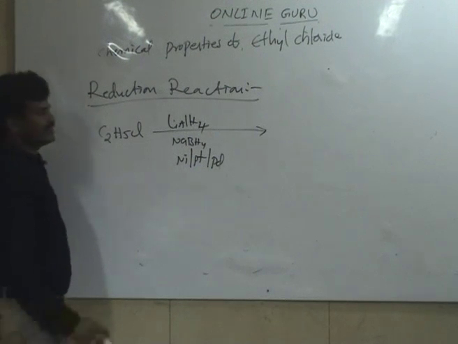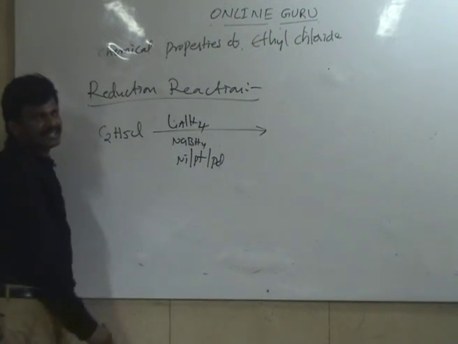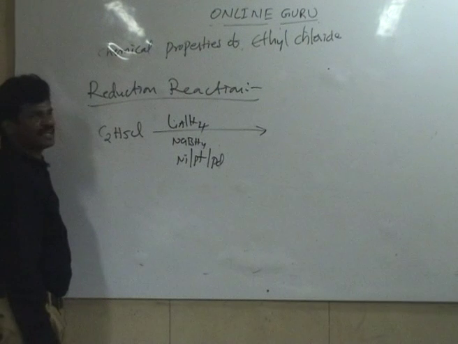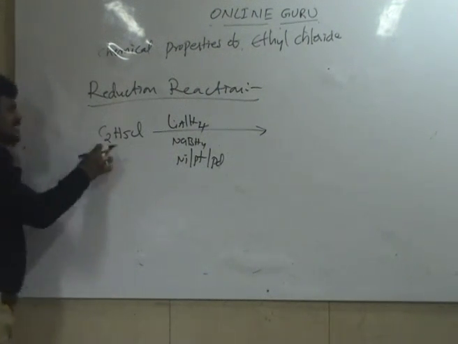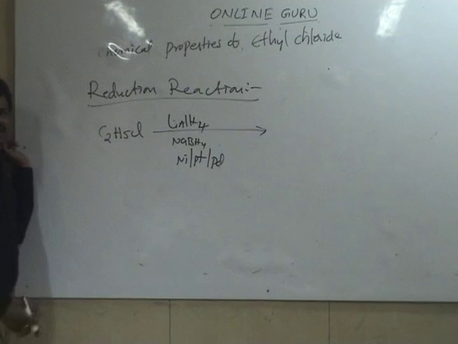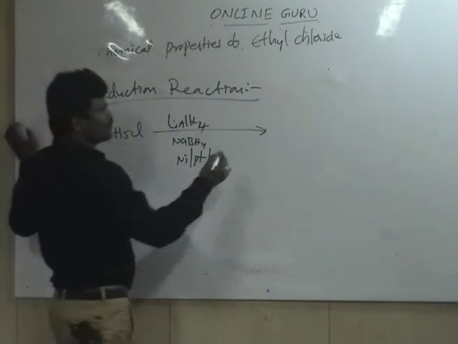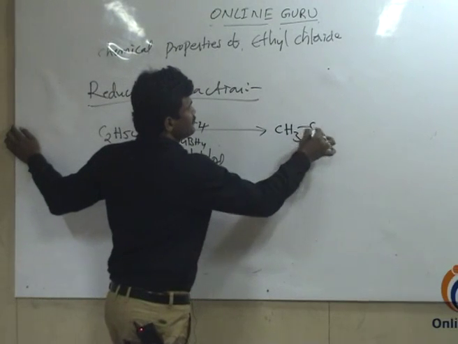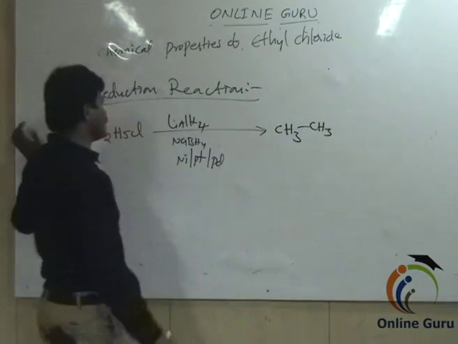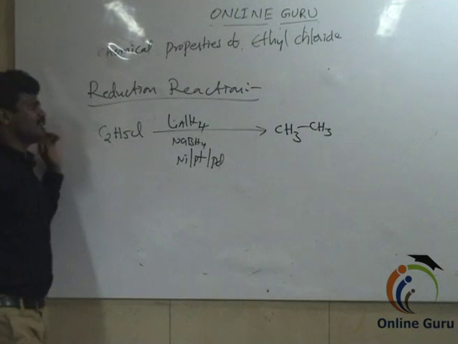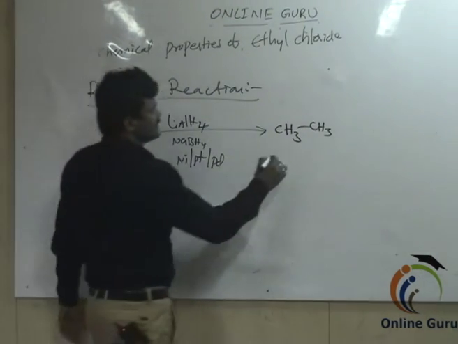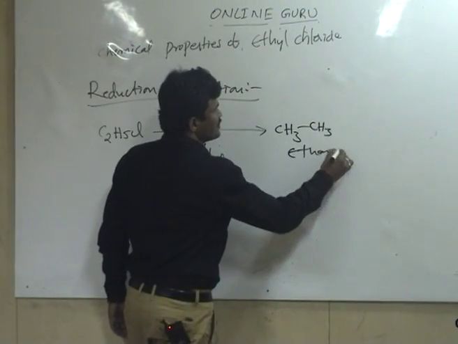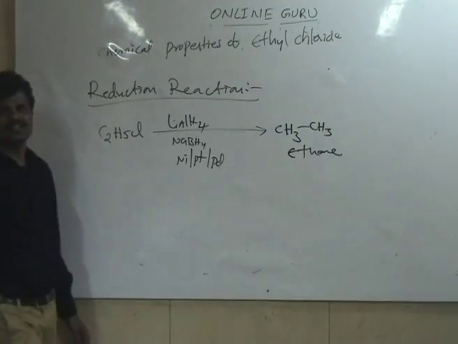So ethyl chloride undergoes reduction in presence of a reduction reagent and produces an alkane. Ethyl chloride reacts with lithium aluminum hydride to produce ethane. This reaction is known as a reduction reaction.